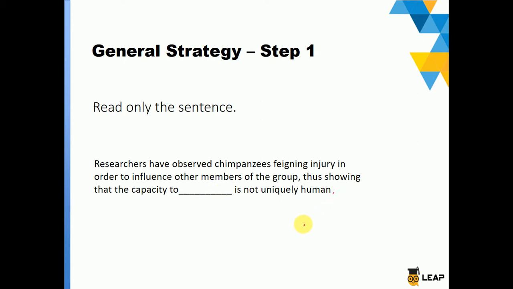This is something that I actually did in the previous slide. I read through the entire sentence without looking at the answer choices. This is essentially your step 1. And when you do this, start evaluating and understanding what the entire sentence is trying to tell you. Like I mentioned, this second part is referring back to this first part. You've understood that.